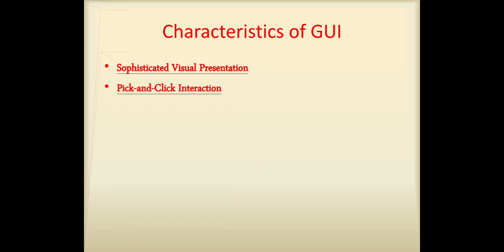So then pick and click interaction. Elements of a graphical screen upon which some action is to be performed must first be identified. The motor activity required for a person to identify this element for a proposed action is commonly referred to as pick, and the signal to perform an action is referred to as click.